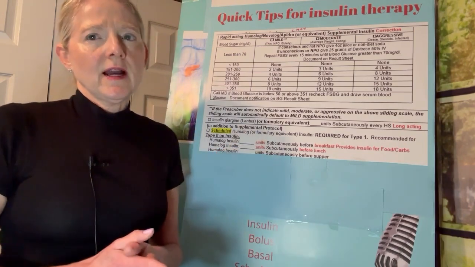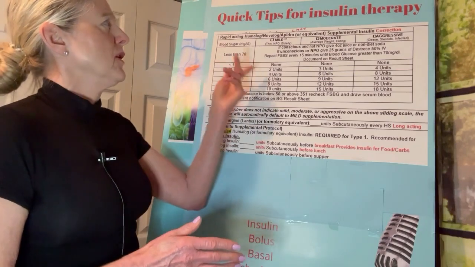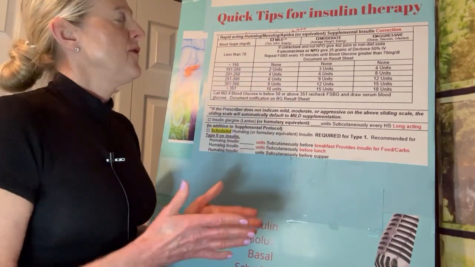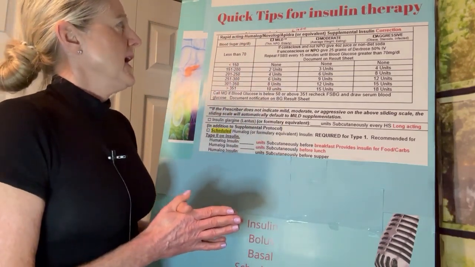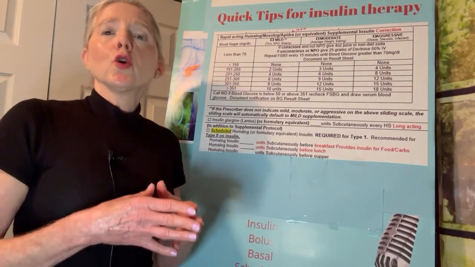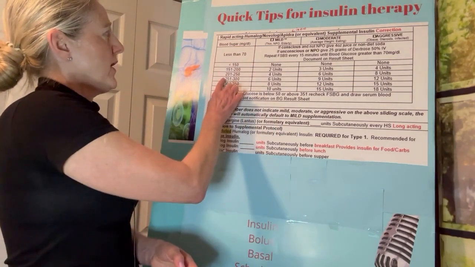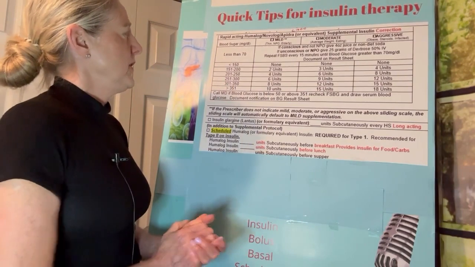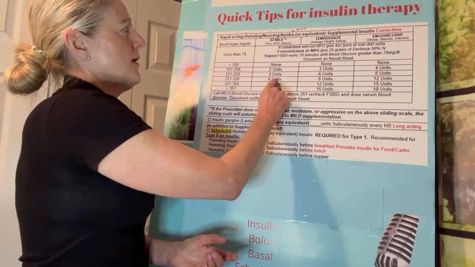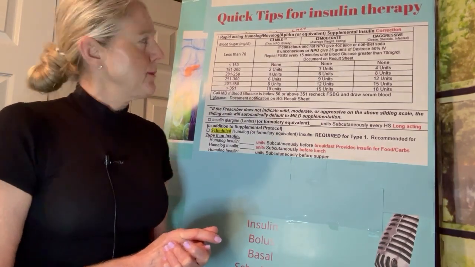So let's talk about the sliding scale. Again, we use Novolog, Apidra, Lispro, faster acting insulins. The sliding scale is utilized to correct what the blood sugar result is. So we'll find what the blood sugar result is and a correlation of whether we're going to do mild, moderate, or aggressive correction on that patient.